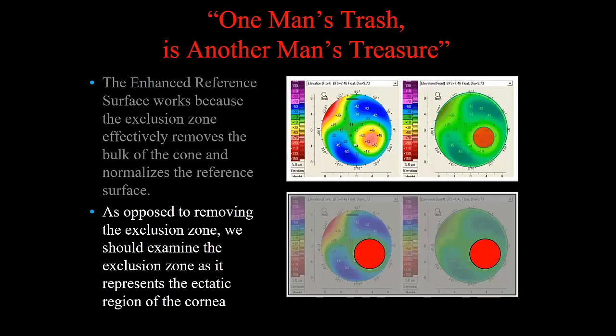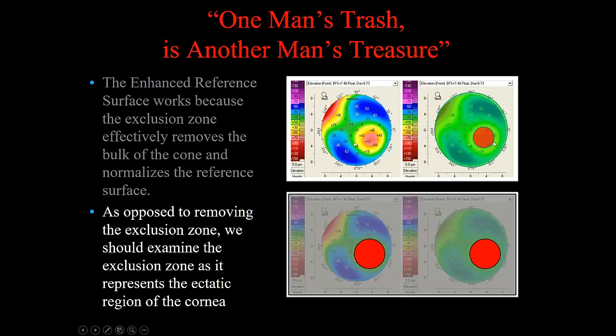And the reason I went through the whole description of the BAD display is because what we notice from the BAD is that if we remove this 3mm zone from the best fit sphere and take it out of the best fit computation, effectively what we do is we normalize that reference surface.